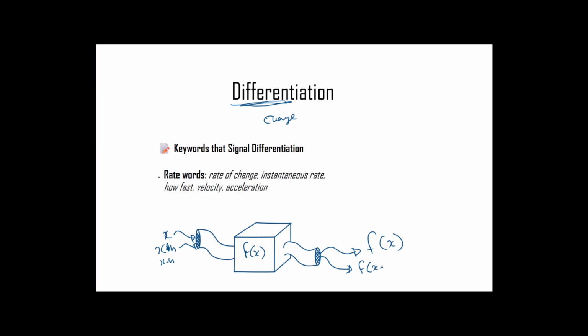And it's going to be some difference. It's not going to be the same as what we put in. That's kind of the nuts and bolts of differentiation. It's incredibly powerful.